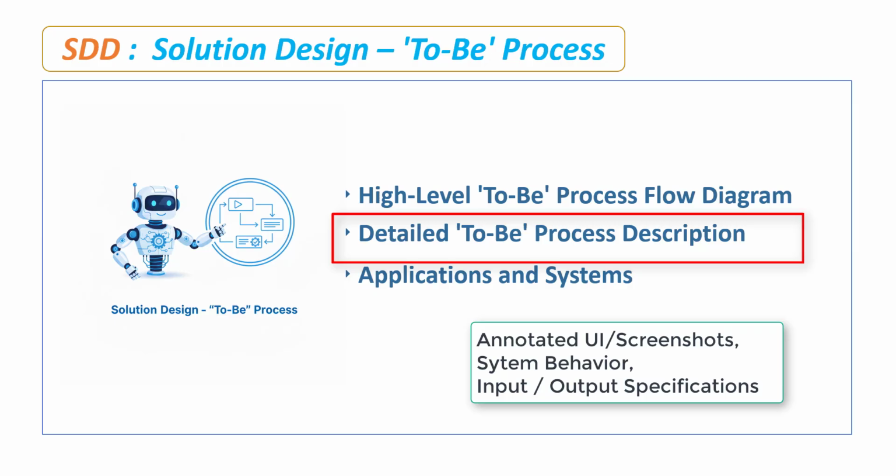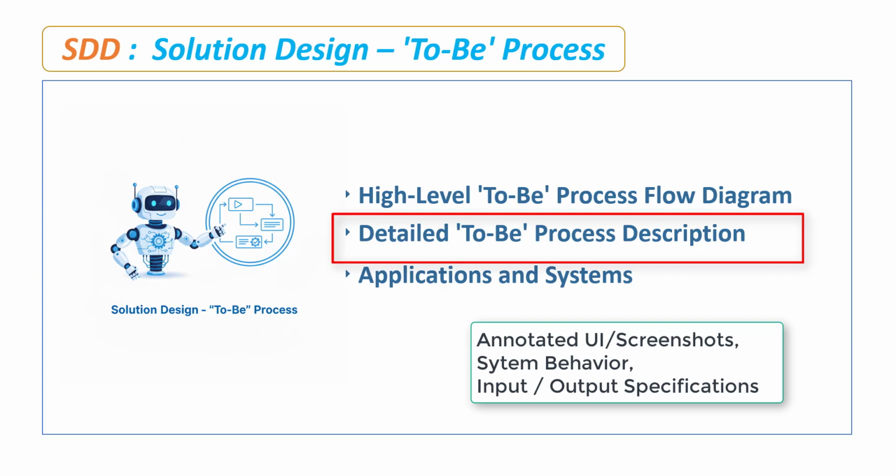Annotated UI or screenshots is a visual guide for the robot's interaction with target applications, whereas system behavior is an expected system response at each and every step, whereas input or output specification will give the details on the data required to start the bot and the results it will produce, such as file paths, data structure, and many more.